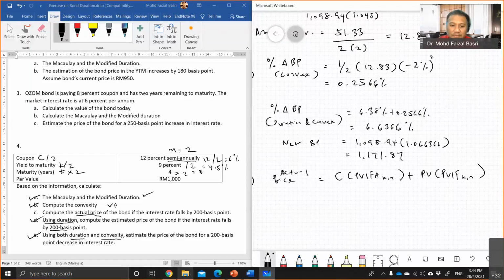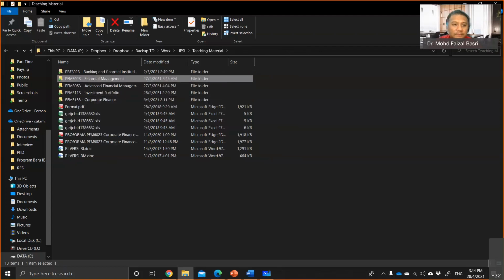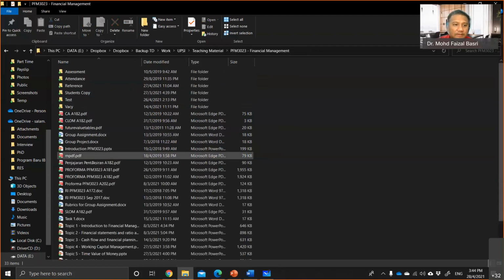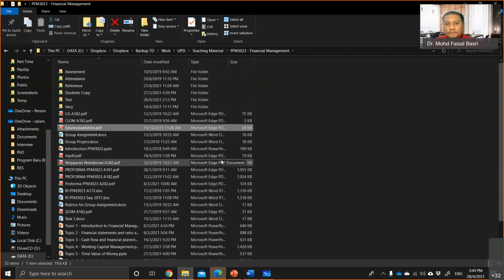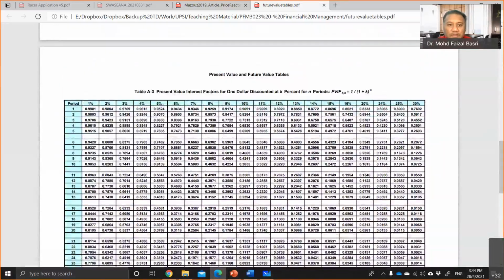If you remember the table just earlier, we have the present value, but the rates they give there are all round numbers. There is no 0.5, 0.3 or whatever, or 0.25.